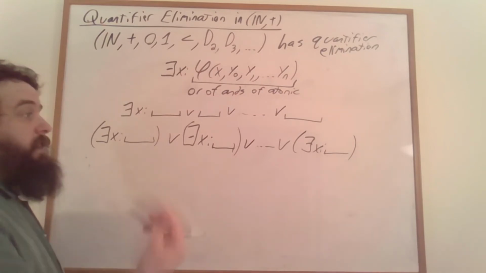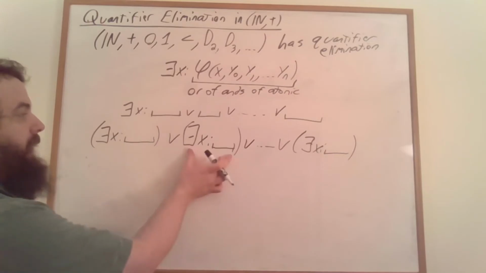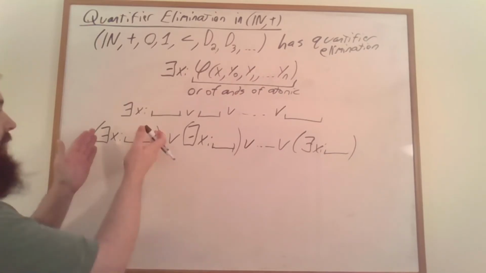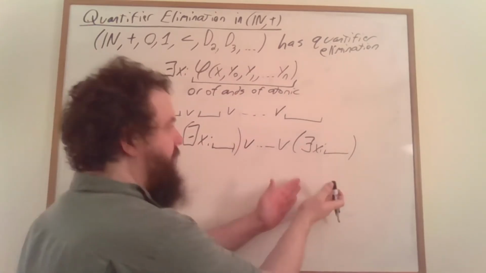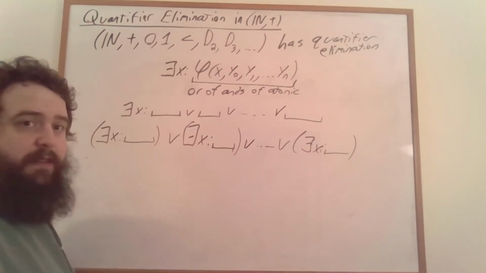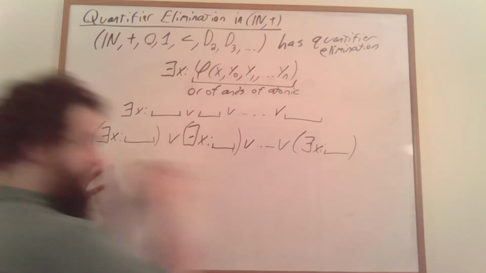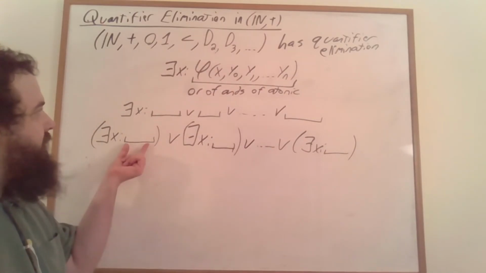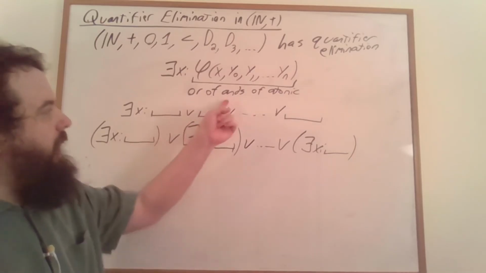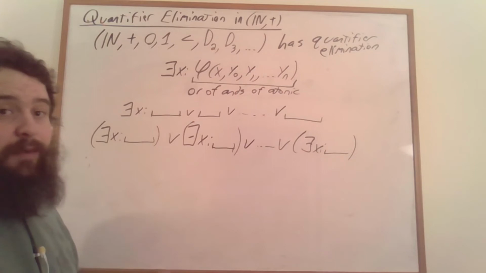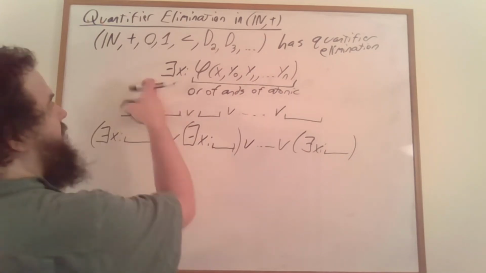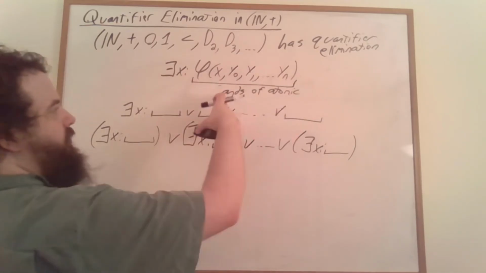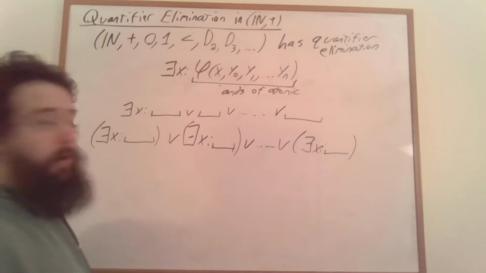And so all we need to do is have a procedure for eliminating this quantifier here from all of these different formulas, and then we eliminate the quantifier here, here, and here for all of these different pieces, and the resulting formula is going to be a quantifier-free equivalent formula to the original formula. And again, each of these pieces is just going to be a conjunction of atomic formulas. So it suffices to show that we can eliminate this existential quantifier here when this piece here is just a conjunction of a bunch of atomic formulas.